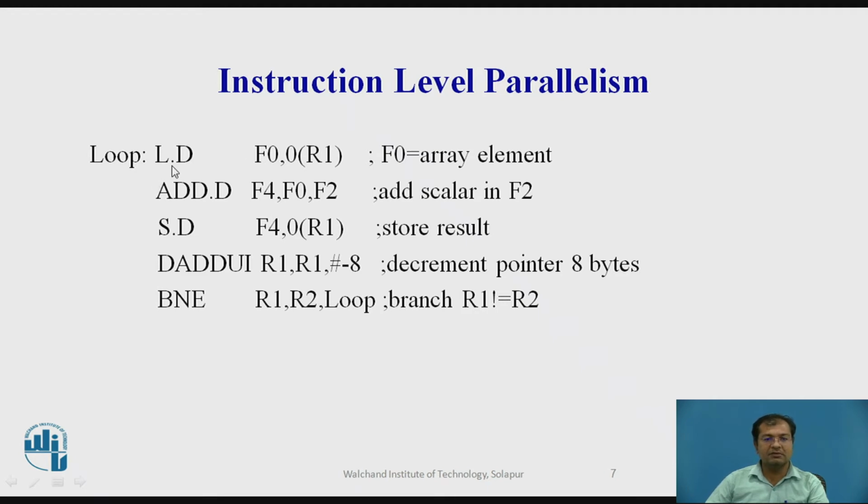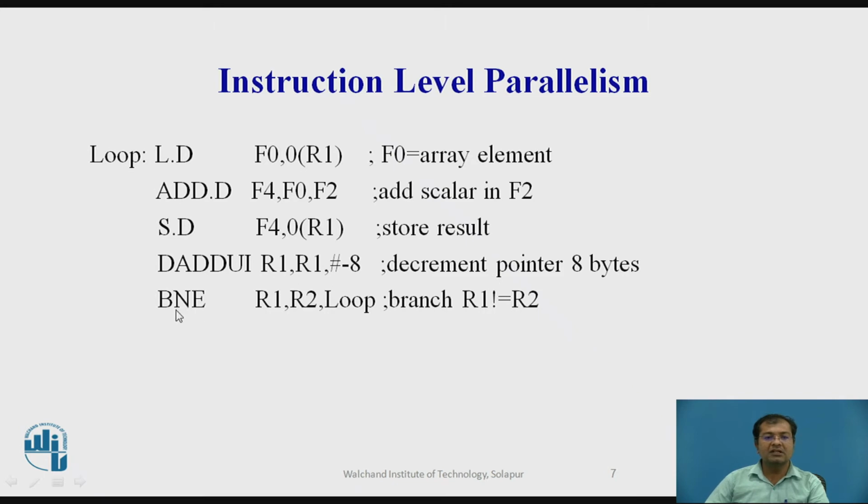We'll see how the dependency occurs. For example, load the content pointed to by this array element, 0 of R1, into F0. Then go for addition of the content of F0 along with F2. The scalar value F2 is added with F0, and this result will be stored in F4. It will go ahead for decrementing the count by 8 because it is a double word.